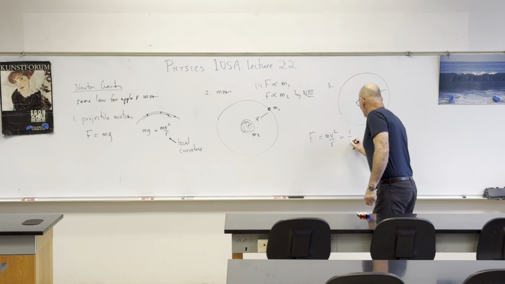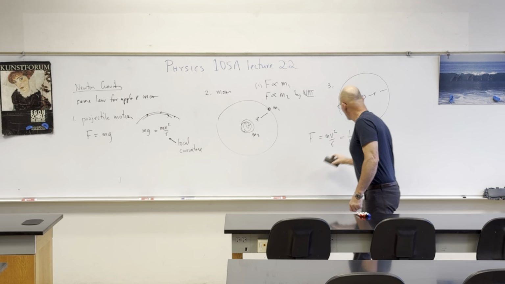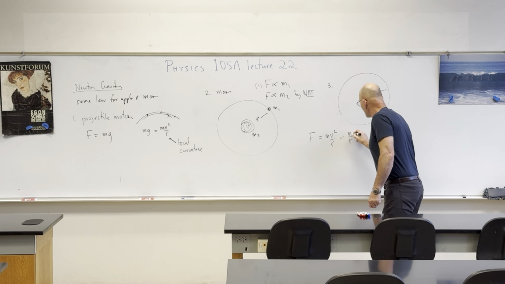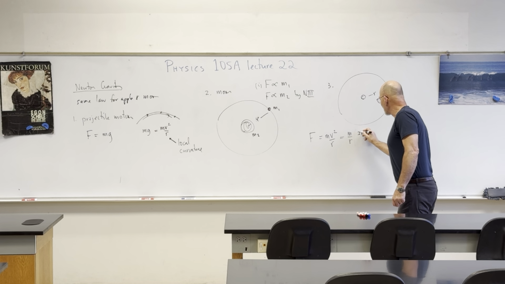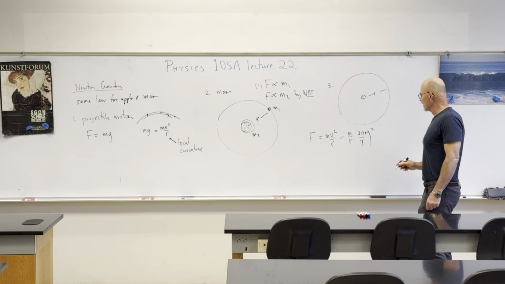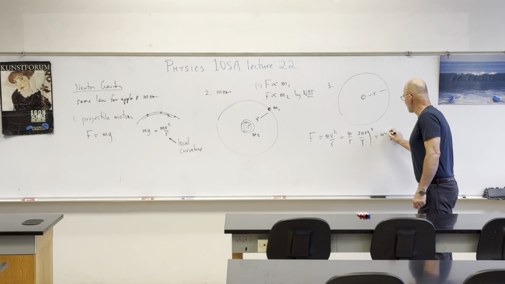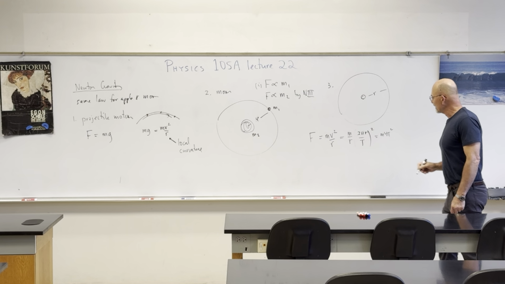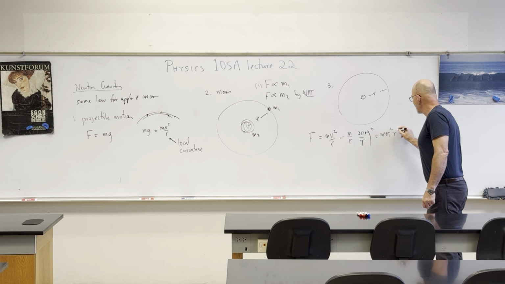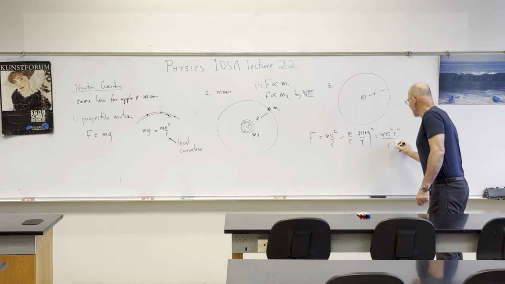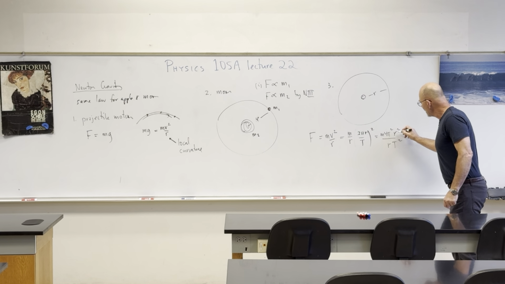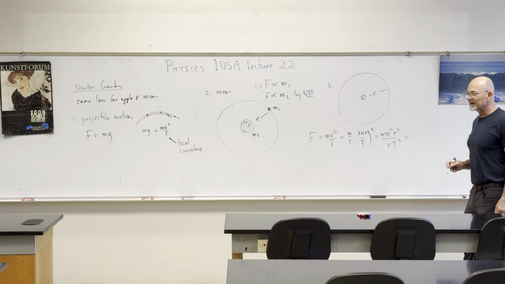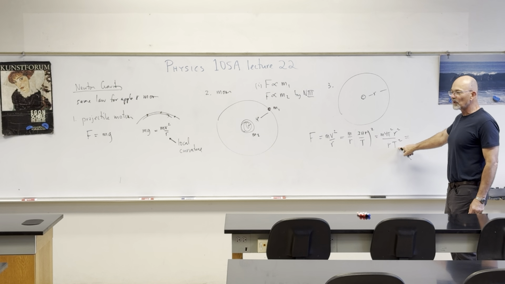You've got m over r. The v is, for uniform circular motion, 2 pi r over the period, squared. So you've got an m and a 4 pi squared, and r squared over r T squared. And this last step is where Kepler's third law comes in, because T squared is going to be proportional to r cubed.